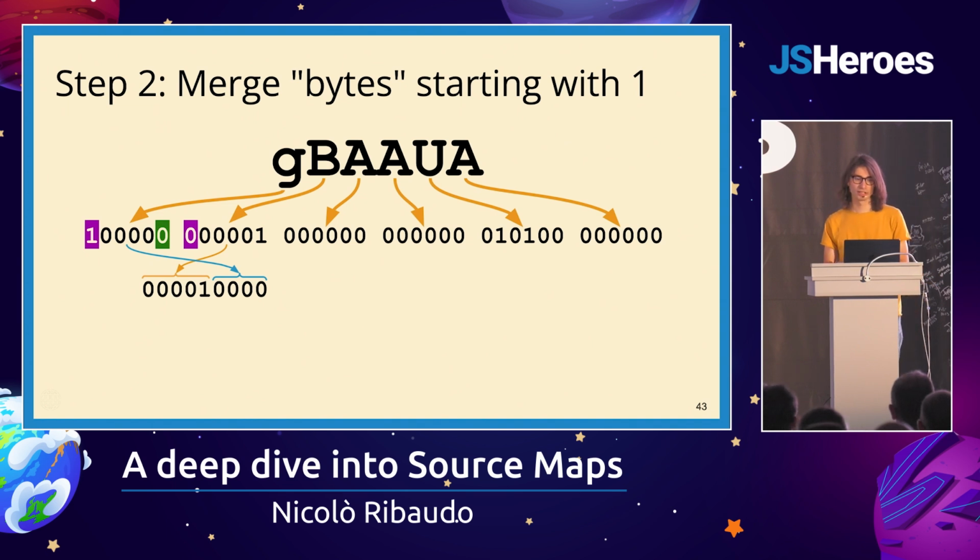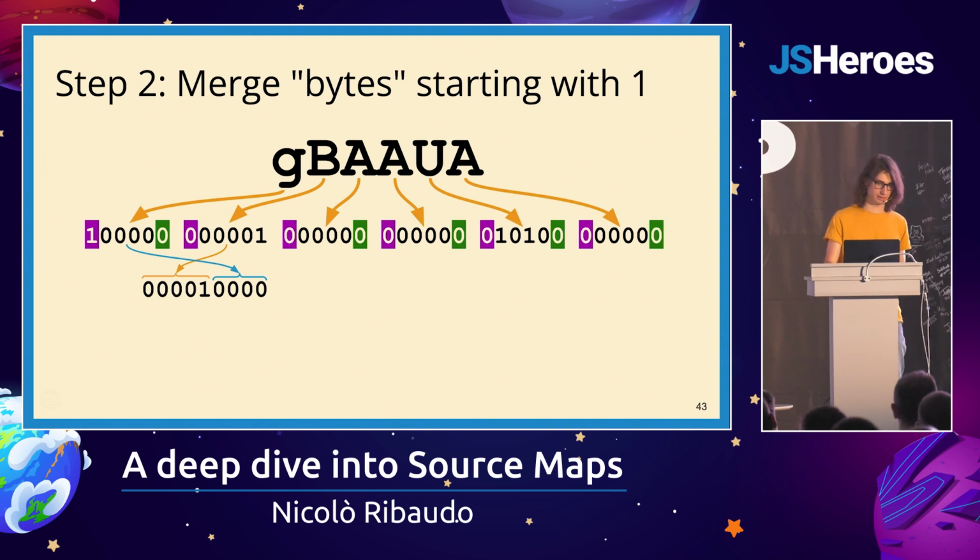This is called VLQ, or variable length quantities. This is needed so that we can encode potentially huge numbers, because our files might have hundreds of lines. If we just have 4 or 6 bits, the biggest number we can encode is either 16 or 64, so that's not enough. Source maps do this by basically merging letters together.